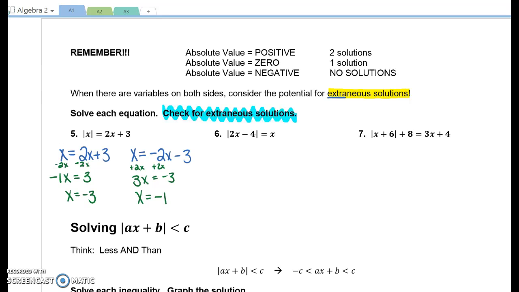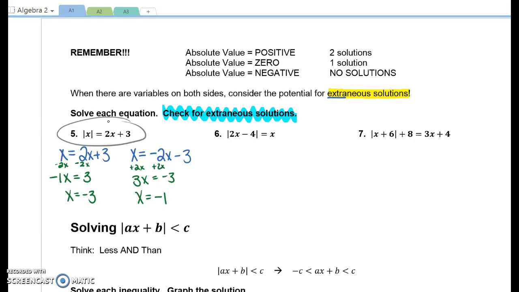Okay, so I solved both. I got x equals -3 and x equals -1. We are supposed to check for extraneous solutions. Now, if you check each of these in the equations they came from, they are going to work because that's where the solution came from. Don't check it here. Check it in the original problem.